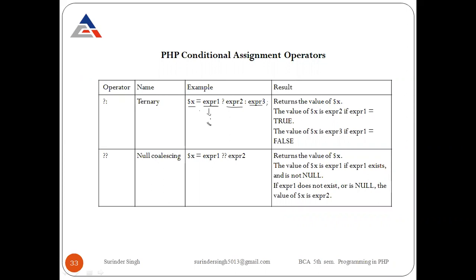Based on that condition, being true or false, expression 2 or 3 will be executed. If the condition is true, then expression 2 will be executed. But if the condition is false, then expression 3 will be executed. Clear?